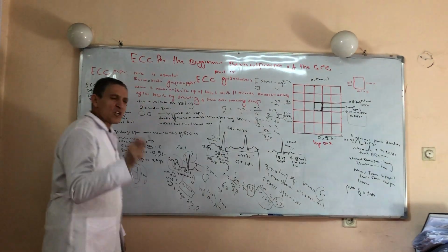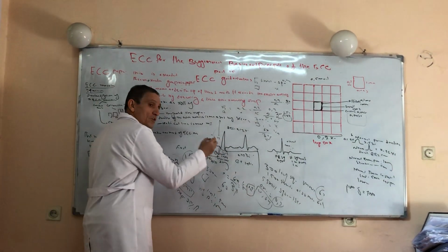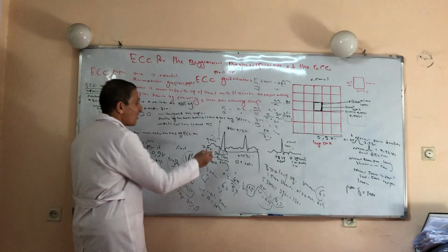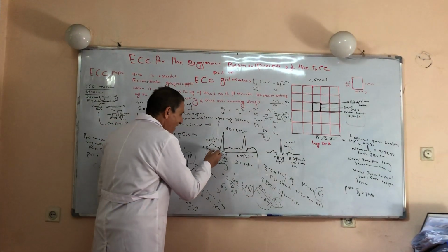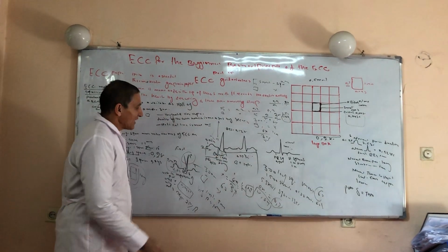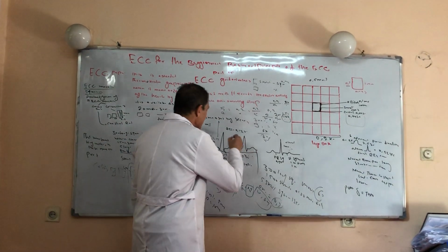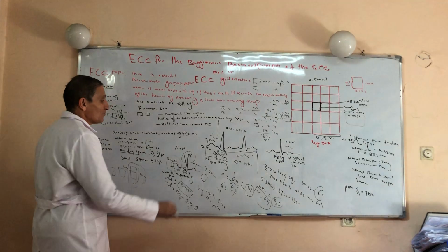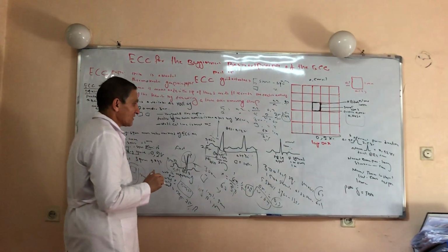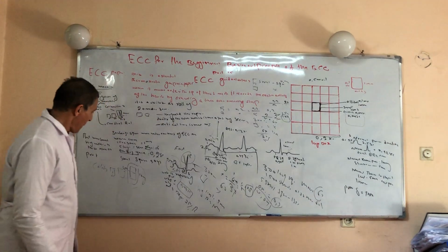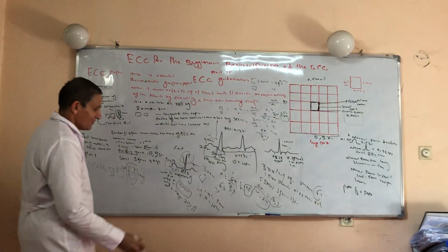What is the Q wave? The Q wave is the first wave which comes before the R wave. What is the R wave? The R wave is the first positive wave which comes after the Q wave. The S wave is the first negative wave which comes after the R wave. This rule is very important for the configuration of the QRS complex. Another one is the T wave.